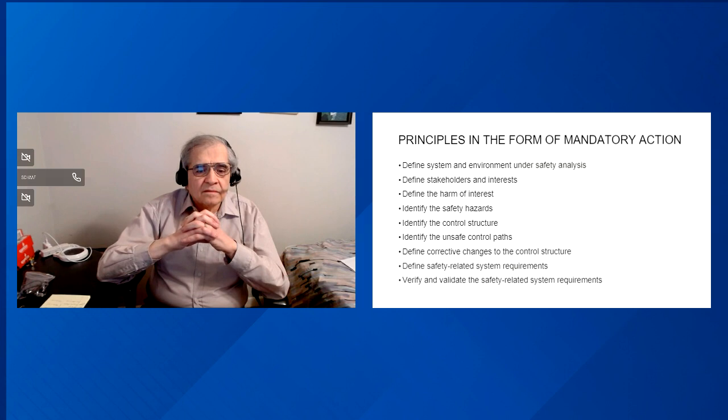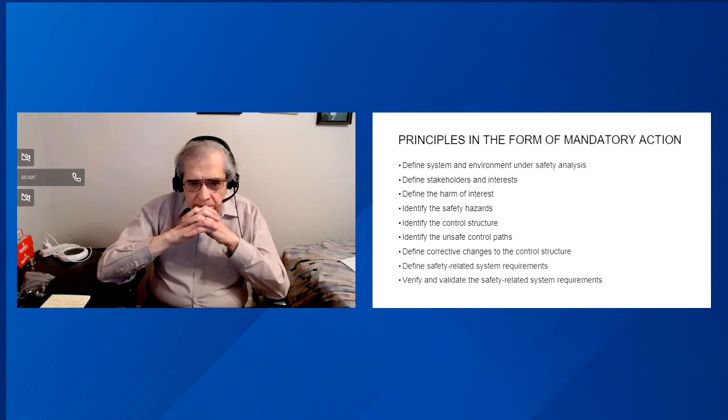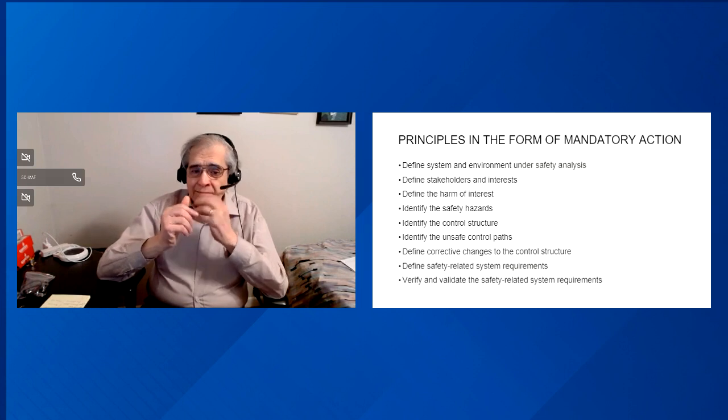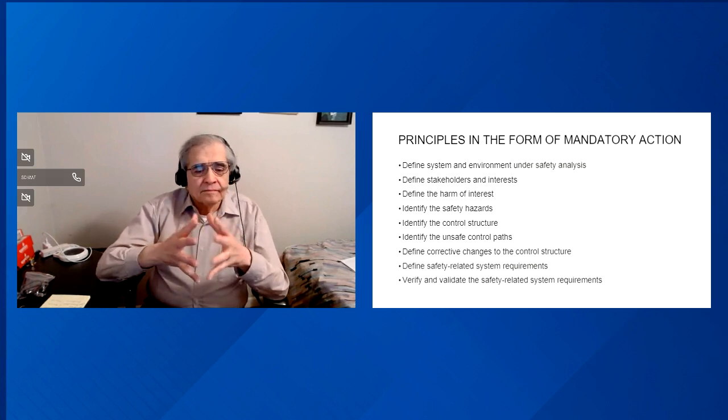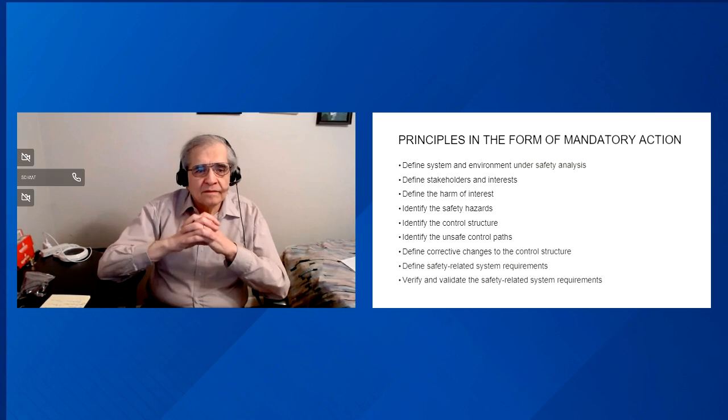In fact, this is very much an iterative affair where refinements, for example, in the system definition, can lead to refinements in the harm definition, where the definition of safety-related system requirements can make you go back to earlier definitions of the hazard, for example. All in all, the key word is iteration.